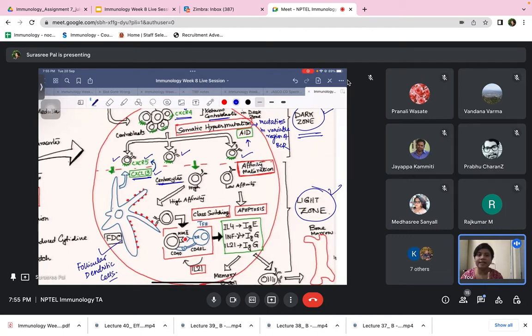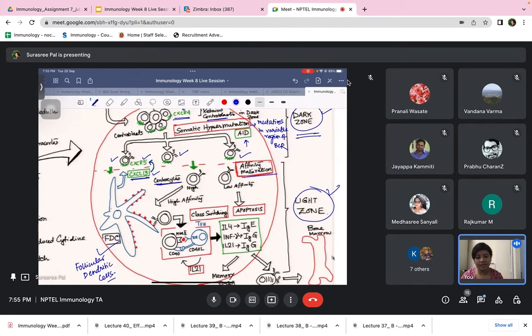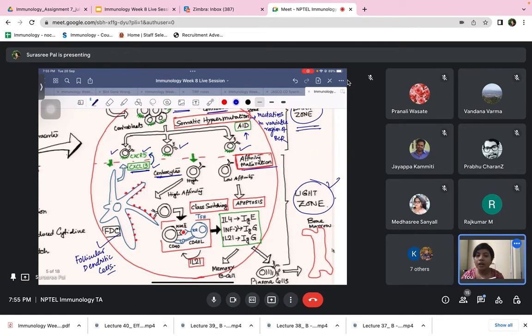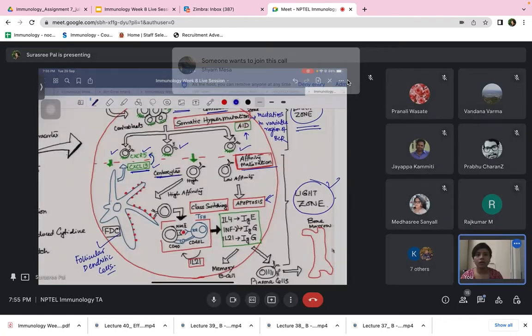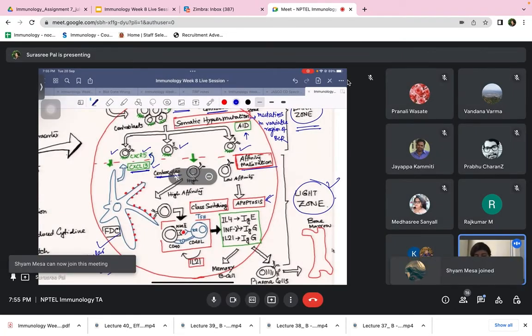And this process is nothing but affinity maturation, which is taking place in the light zone of the germinal center. Okay, and this affinity maturation is nothing but selecting the B cells which have higher affinity. Okay, and the low affinity B cells will finally die by apoptosis.